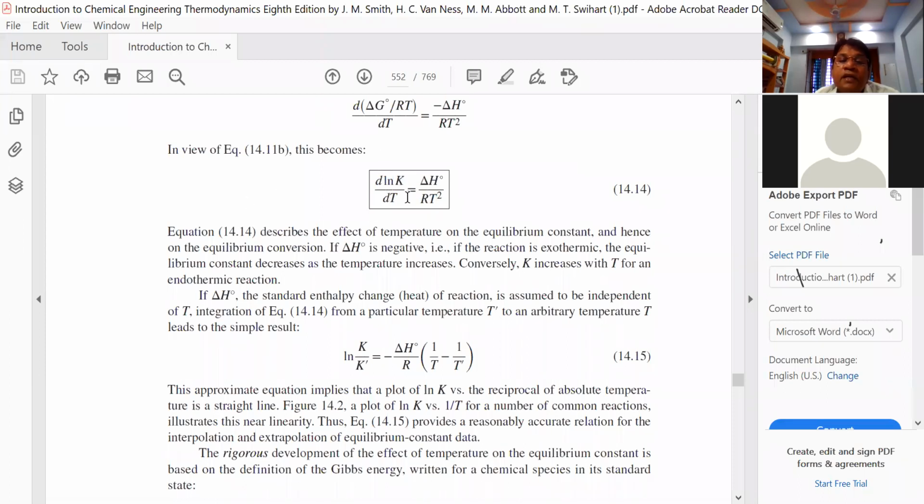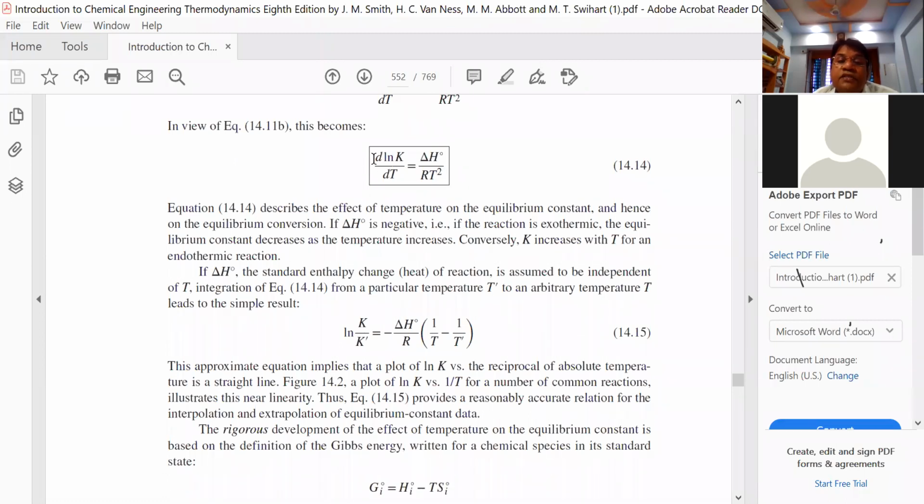D ln K you will get ln K, and on this side delta H0 by R is constant, and the integral of 1 by T squared you will get minus 1 by T plus some constant. The integration of this equation will give a y equals mx plus c type of relation between ln K versus 1 by T. For a reaction, if we plot, we will get a straight line.